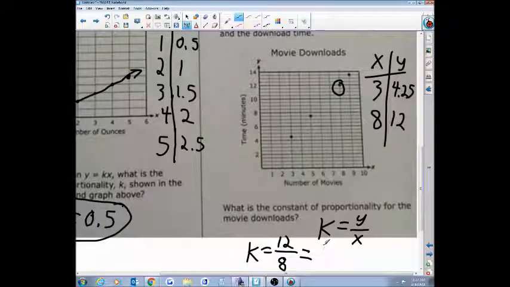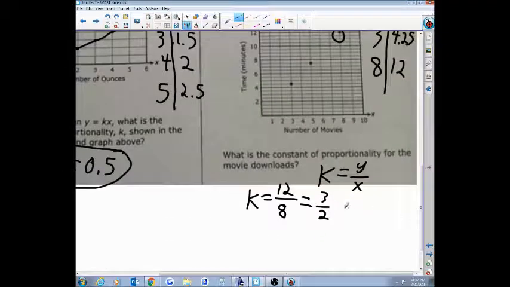Divide by 4: 12 divided by 4 is 3, and 8 divided by 4 is 2. So 3 halves. So k equals 3 halves. Now we could go further and make that 1 1/2. Remember, that's 2 halves plus 1/2 gives us 3 halves. Or we could say k equals 1.5.